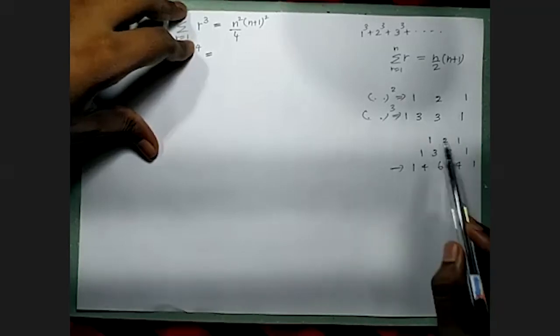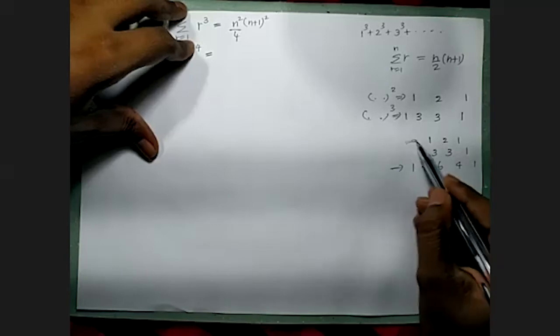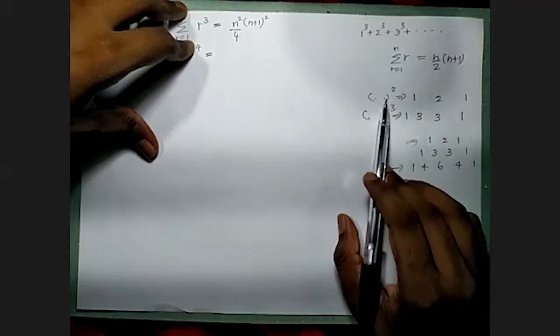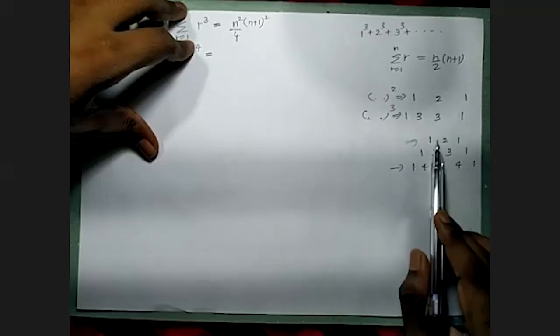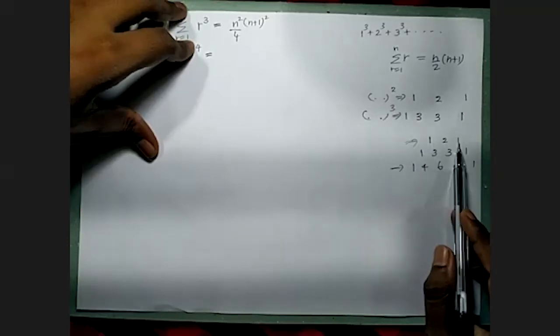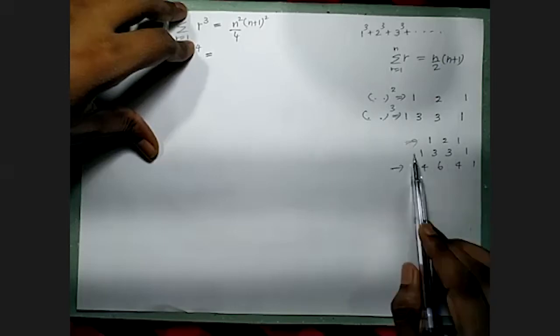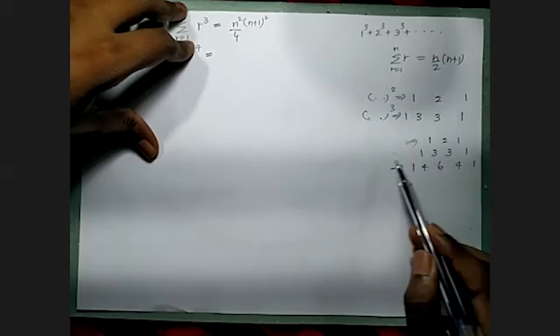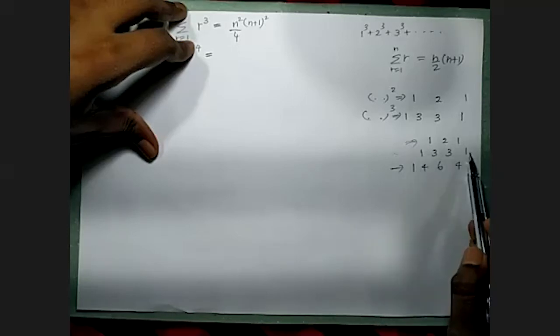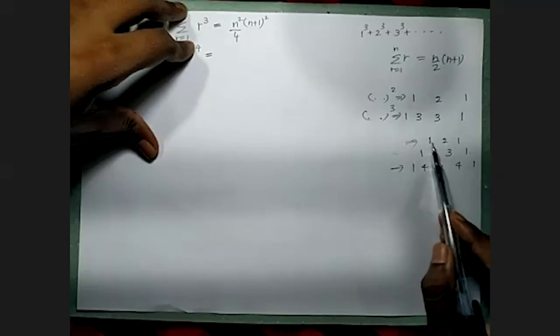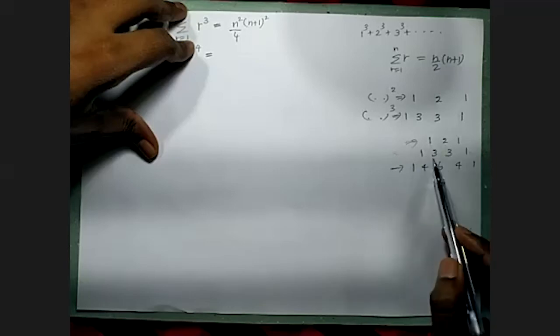That is like this. You know the coefficients you have for binomial expansion of a square. For a square, the coefficients are 1, 2, 1. Then, for the next expansion, for the cube, write 1, 1 either side and take the sum of these two. 1 plus 2, 3.